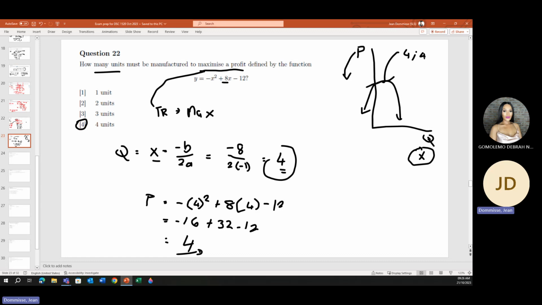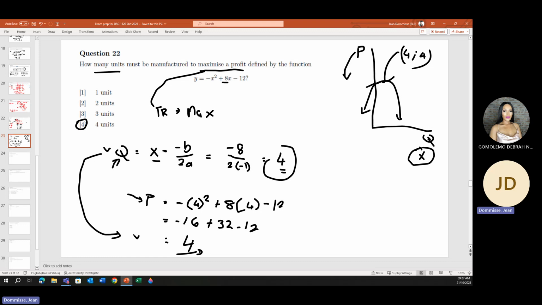So if you needed to work out the turning point, you would have needed to do that and that. If you needed to only work out the units, it was fine with this formula. If you needed to work out the price, you needed to work the extra one in as well.